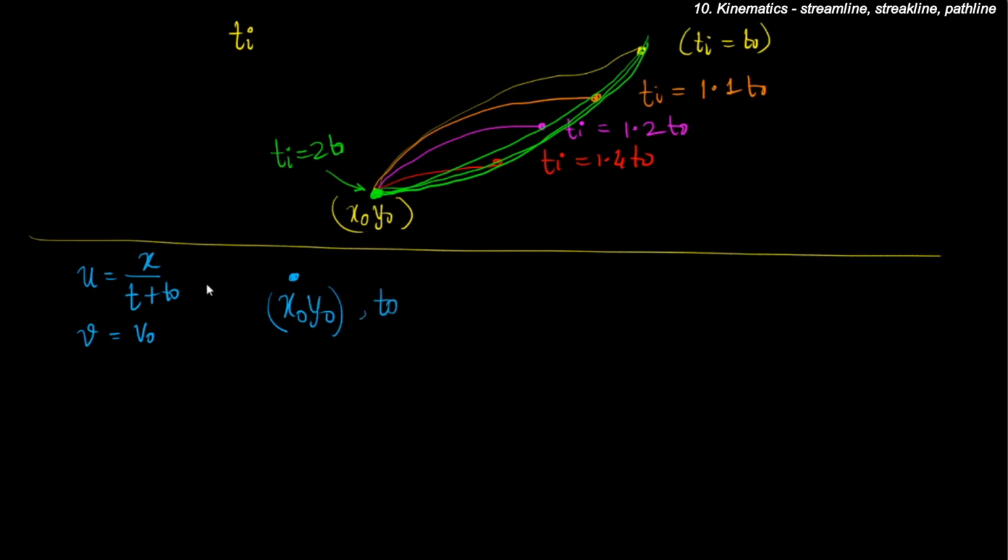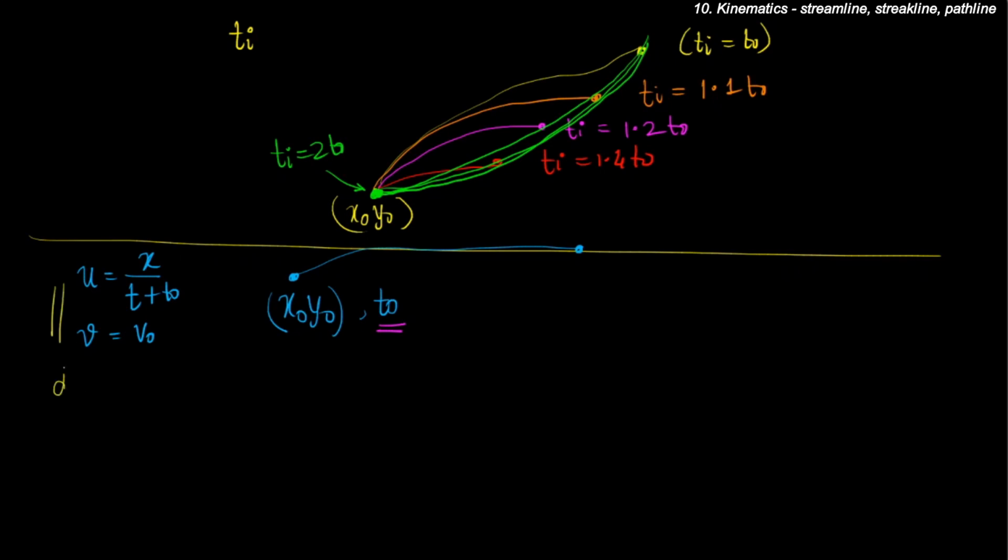We want to know the path line of this particle, how the trajectory would look. Now t0 is specified to us. T0 is no longer the parameter of elimination. Let us proceed to see what will be the parameter of elimination.